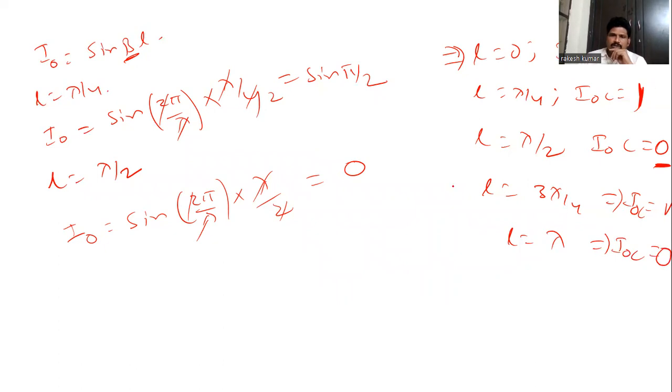So if we take a pair of transmission lines, let us consider this is a pair of transmission lines. Let us consider this is the open circuit condition. Let here L is equal to 0. What is the current here? 0.